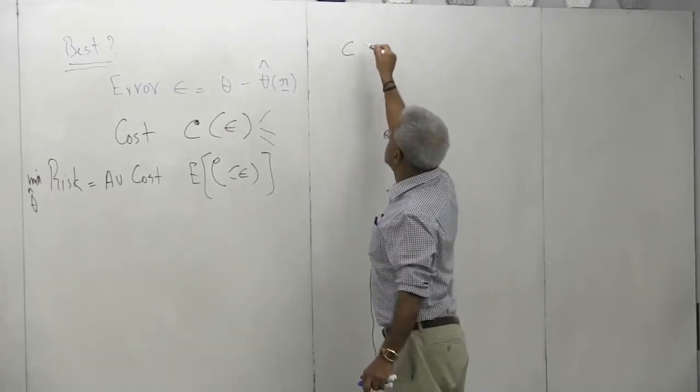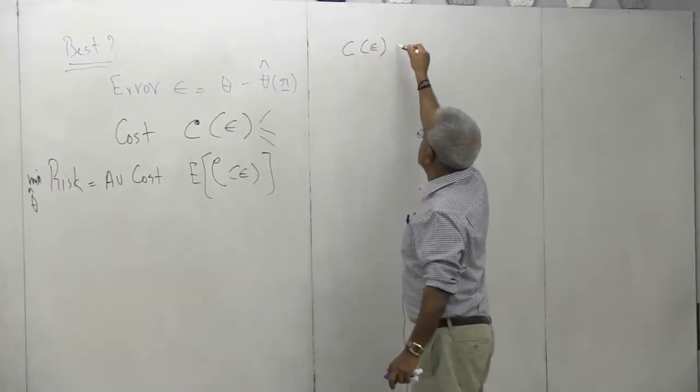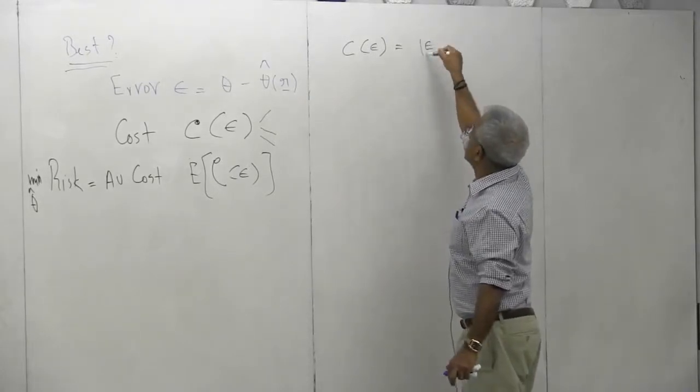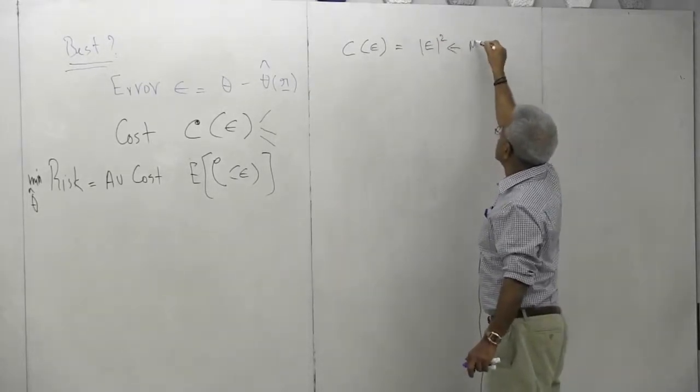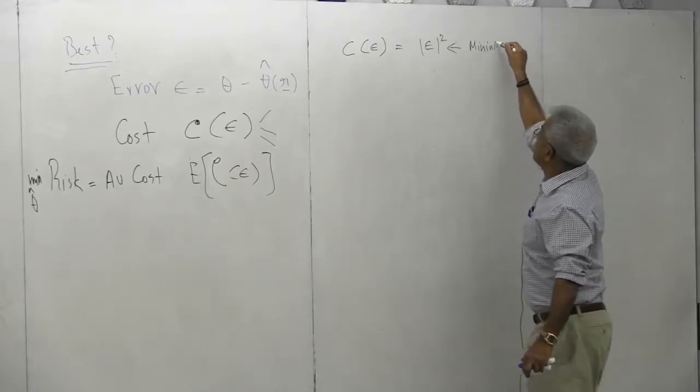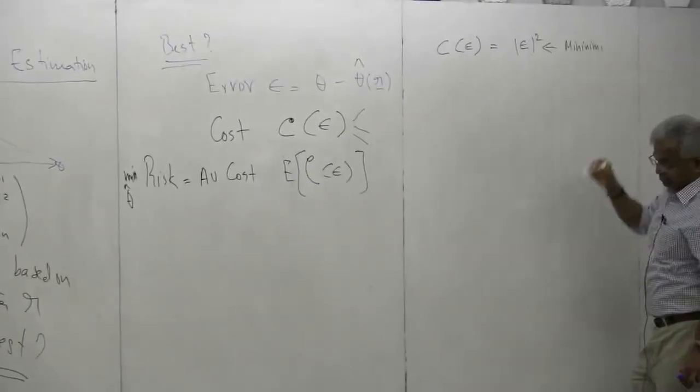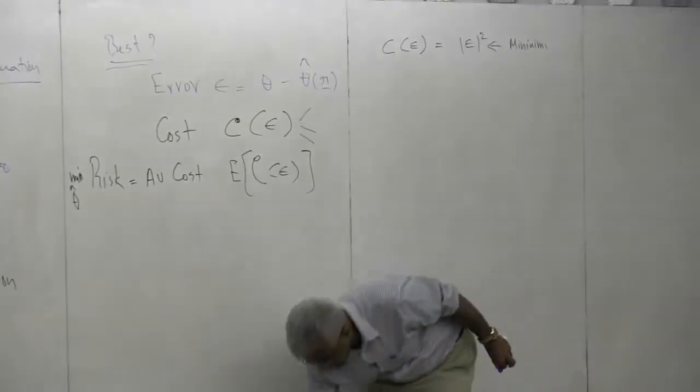So if you want this cost function, you could think of epsilon squared. So this is minimize mean squared error, right?